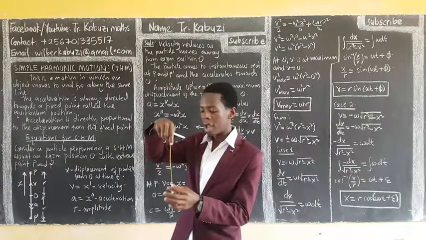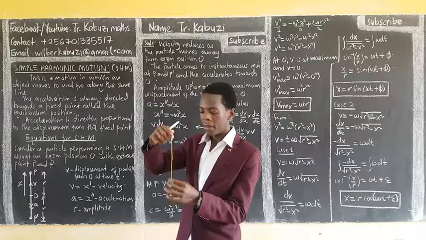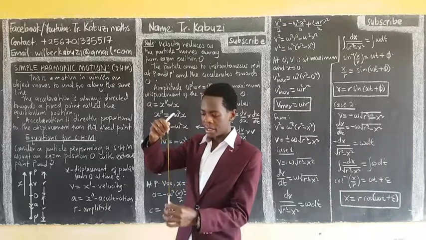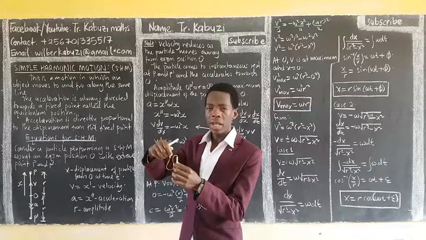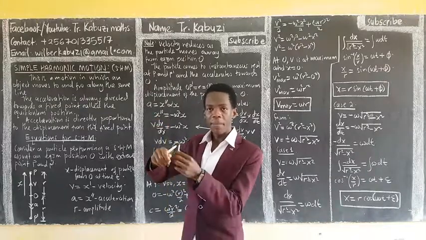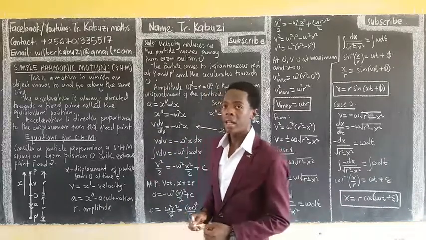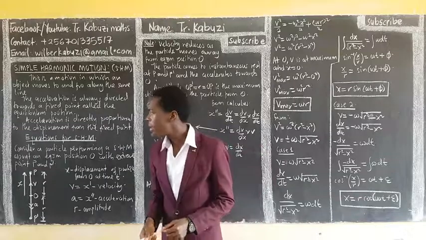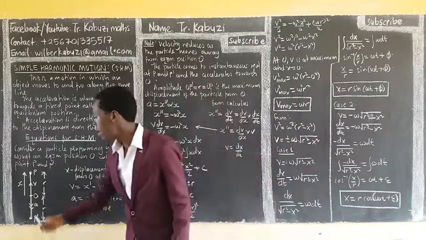So this is what we call the equilibrium position. If the particle comes, goes down, then it passes the equilibrium position up, the same distance down, then passes the same distance up, that's what we say an object is describing simple harmonic motion. Consider, as you see, this is our equilibrium position.